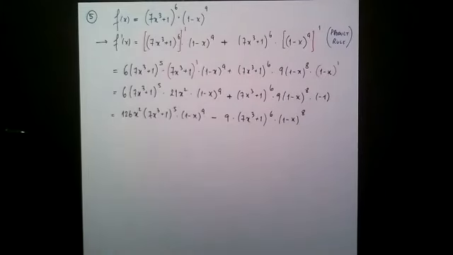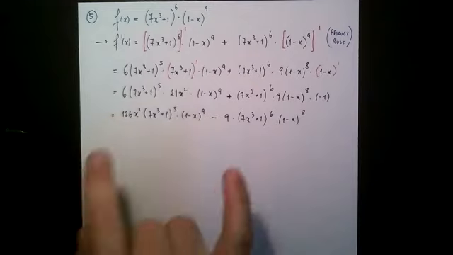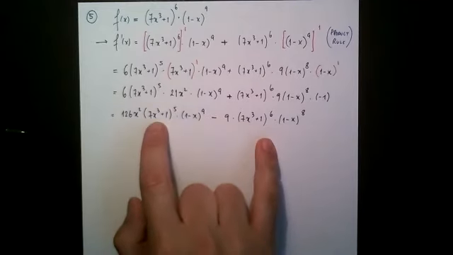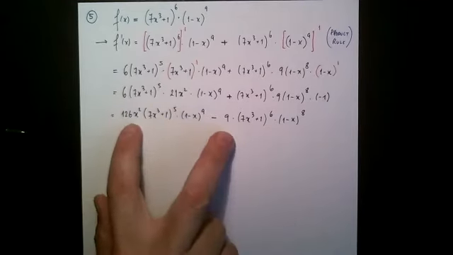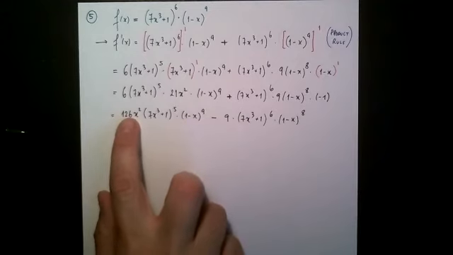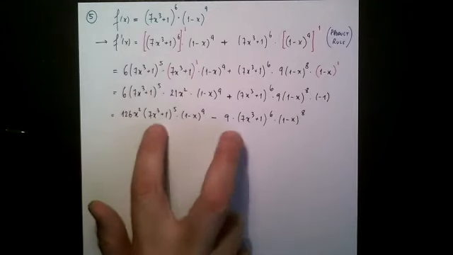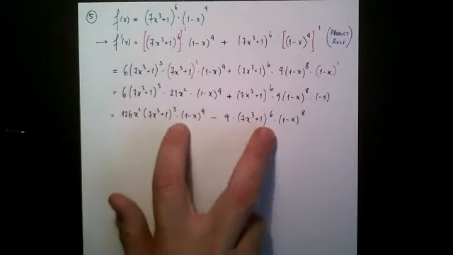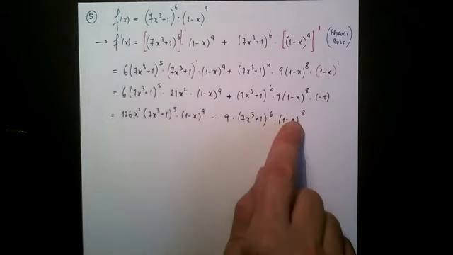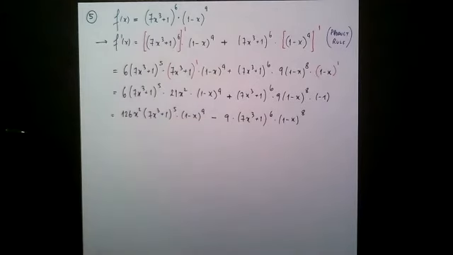And that's it, simplified. Maybe I could go further and factor out a 9, because 126 can be divided by 9. So I could extract 9, (7x^3 + 1) to the power 5, and (1 minus x) to the power 8, but it's okay for now. I'm not going to focus on the algebra yet. I just want to make sure you know how to find derivatives for now.